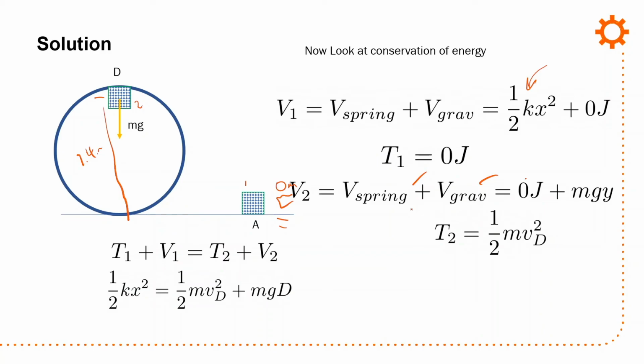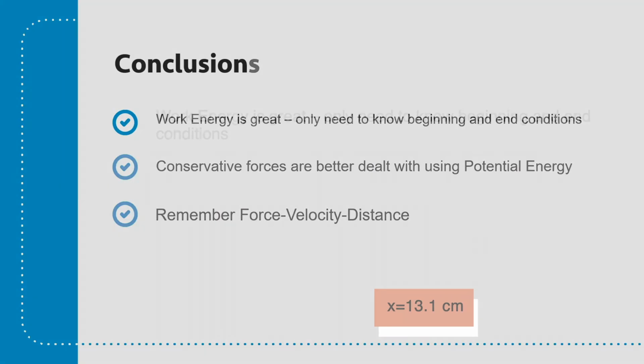And if I substitute in terms, I've got 1/2 kx squared equals 1/2 m vD squared plus m g h. And so putting all the terms together, I get x equal to 13.1 centimeters. So that's the compression I have to bring for the spring in order to have it start properly.